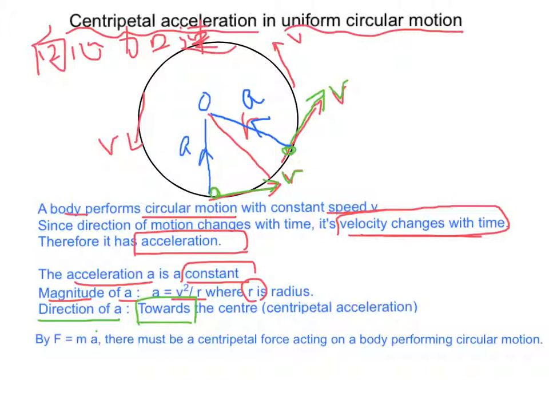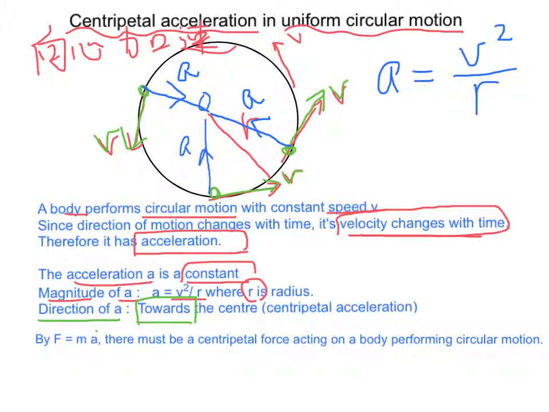Again, when it moves to this point with a constant speed v traveling in this direction, its acceleration is again towards the center O. In all these cases, the acceleration is of magnitude equal to the square of the speed over the radius.